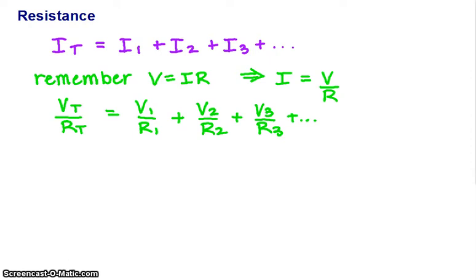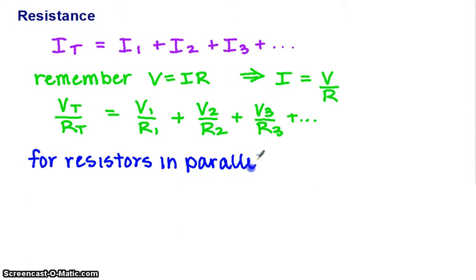Another thing that we just found out was that for resistors in parallel, the voltage drop across each individual loop is the same.